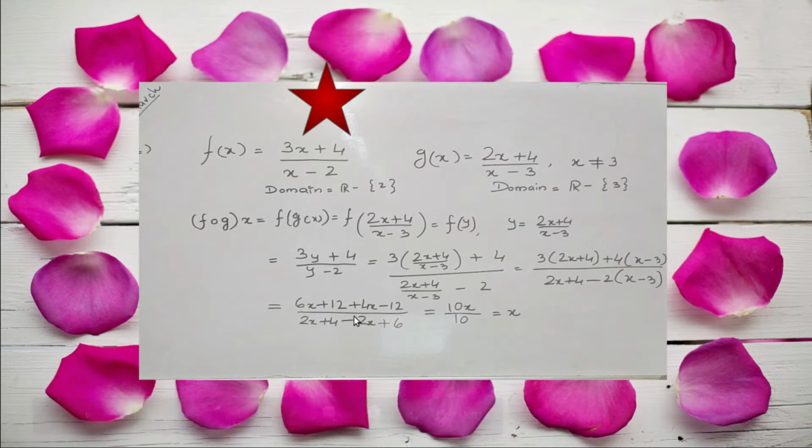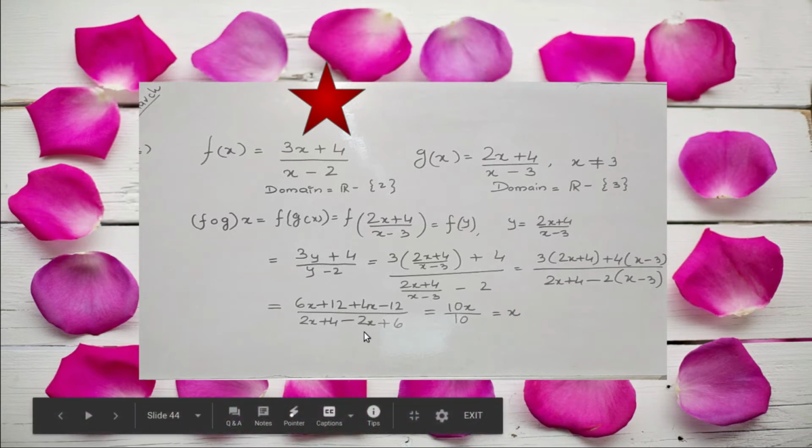Now 6x plus 4x is 10x, 12 minus 12 is 0, 2x minus 2x is 0, 4 plus 6 is 10. So 10x by 10 is equal to x. So f composite g of x is x.